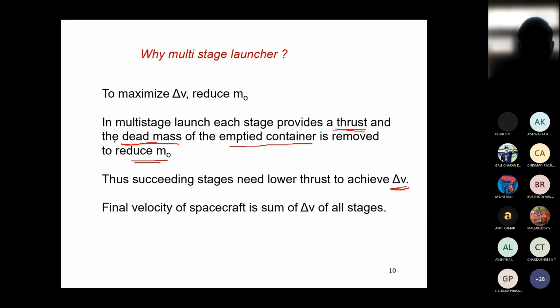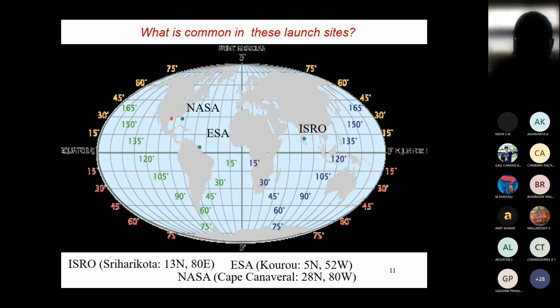Look at this image. I have shown a globe, and on the globe, I have some different space organizations. You can see ISRO, NASA, ESA. ISRO is the Indian Space Research Organisation. ESA is the European Space Agency. NASA is the American Space Agency.